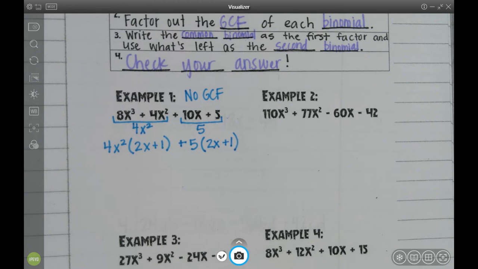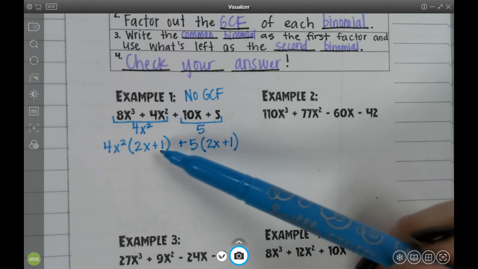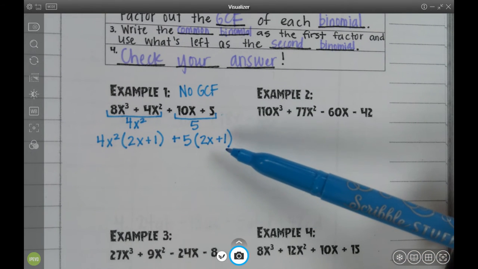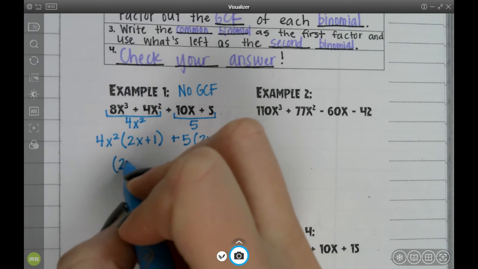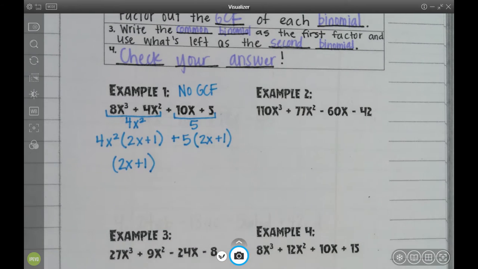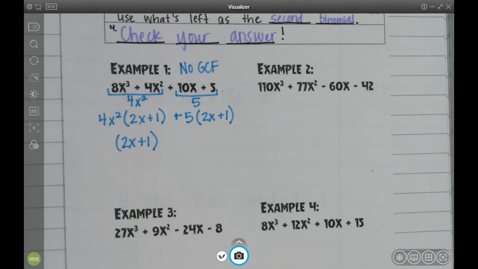Now what do you notice? Yep, in the parentheses, it's the exact same. That should happen. Okay, you want that to happen because now that's going to be your first factor in your factored answer. So you're going to have 2x plus 1. Technically now that's your greatest common factor between your two terms.